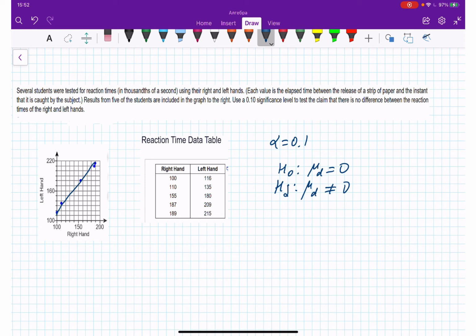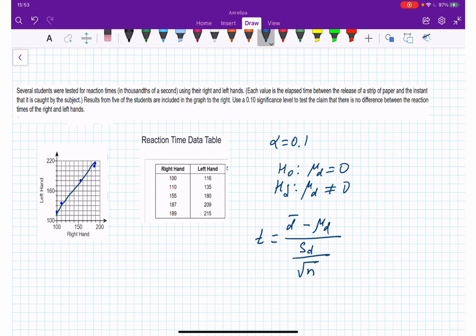I'm going to show you in StatCrunch how to do it, which is actually the same way. That's going to be the formula t equals d bar, the average of the differences between samples, minus mu d, the population mean, divided by the standard deviation of these two samples divided by the square root of n.